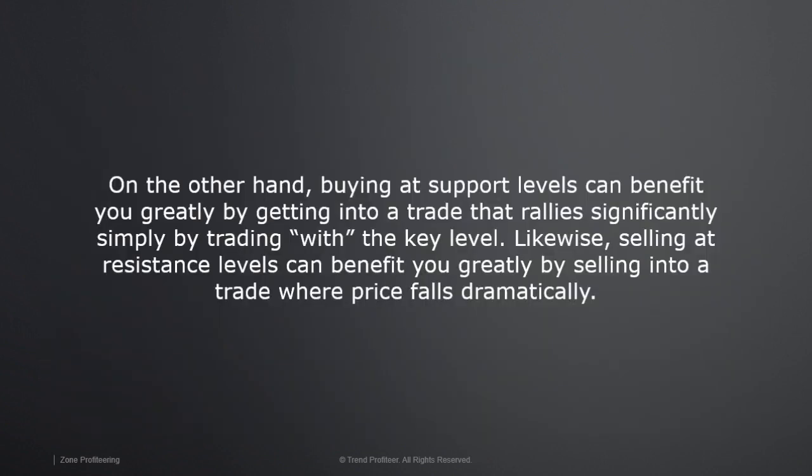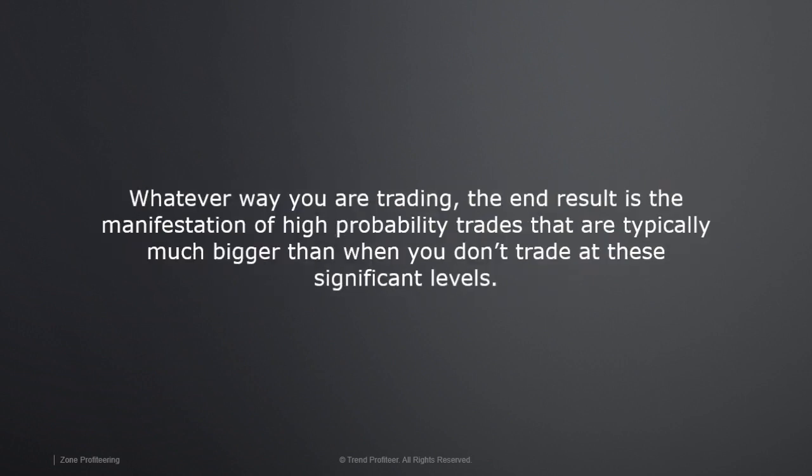On the other hand, buying at support levels can benefit you greatly by getting into a trade that rallies significantly simply by trading with the key level. Likewise, selling at resistance levels can benefit you greatly by selling into a trade where price falls dramatically. So whatever way you are trading, the end result is the manifestation of high probability trades that are typically much bigger than when you don't trade at these significant levels.